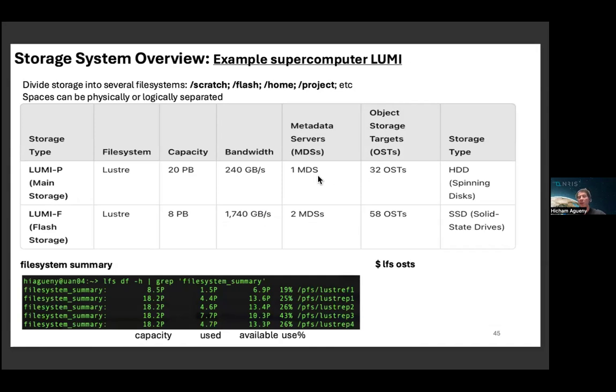It consists of one metadata server and 32 object storage, and the storage type is HDD. Another partition is flash storage. It comes with a capacity of 8 petabytes and a bandwidth of 1.7 terabytes per second. It has two metadata servers and 58 object storage, and the storage type is SSD.